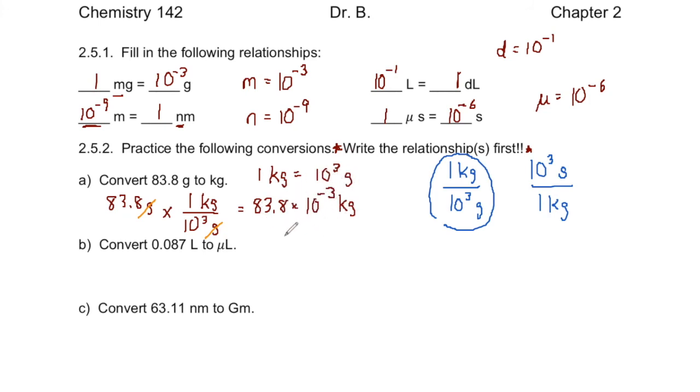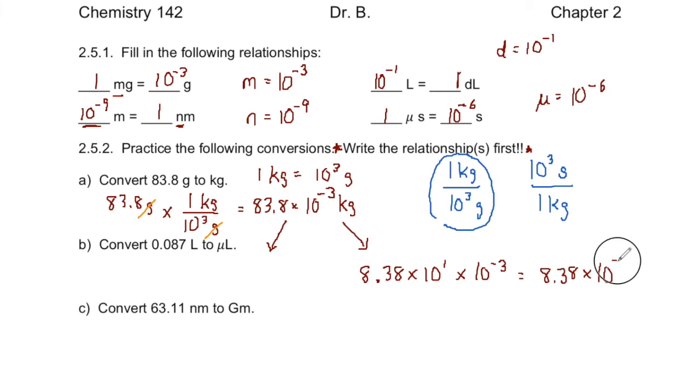So now we just either need to convert this to a standard notation number or to a true scientific notation number. 83.8 is the same as 8.38 times 10 to the 1. And this times 10 to the minus 3 would be 8.38 times 10 to the minus 2 kilograms.